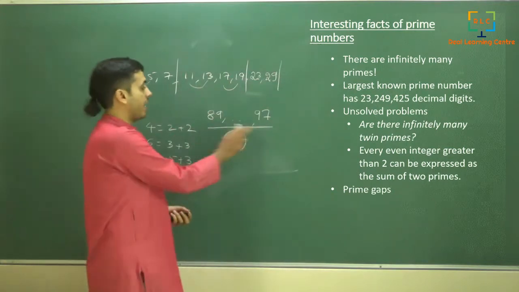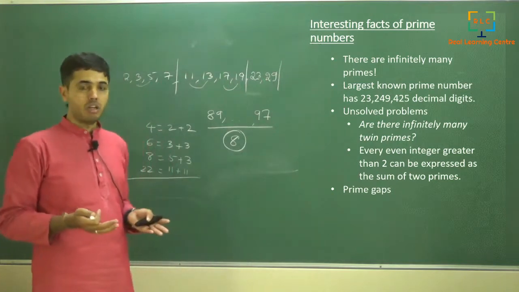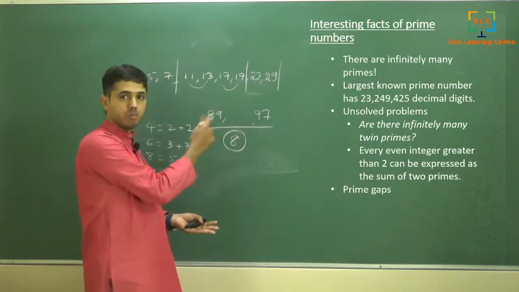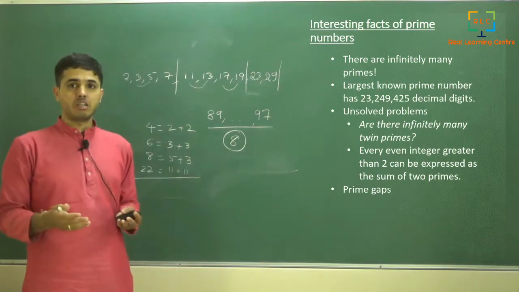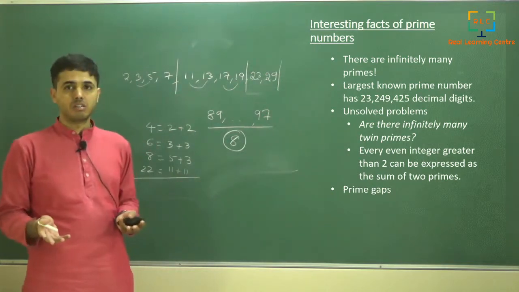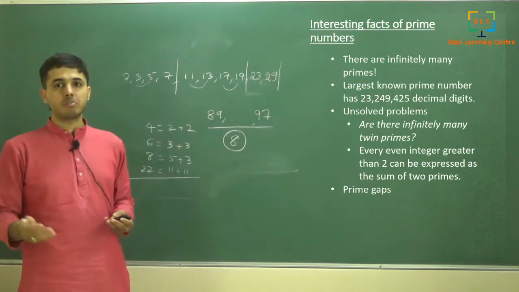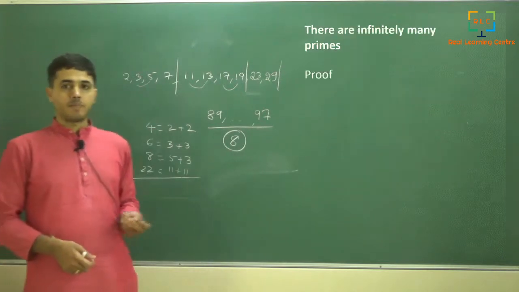So this concept of prime gaps, in other words, the gap between 2 consecutive prime numbers, we cannot say it is like this. It keeps varying. So it's a big, interesting topic which mathematicians are trying to understand.